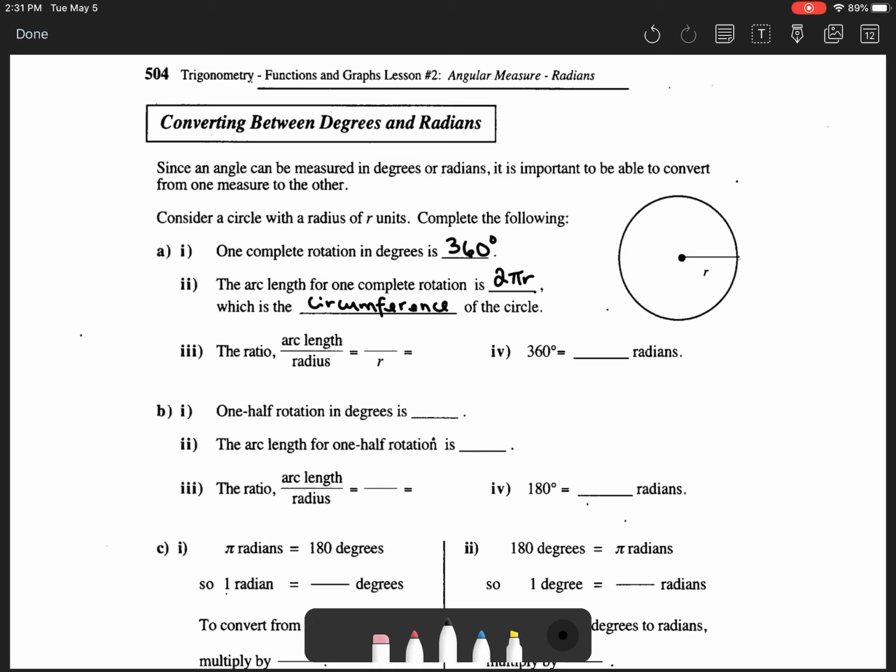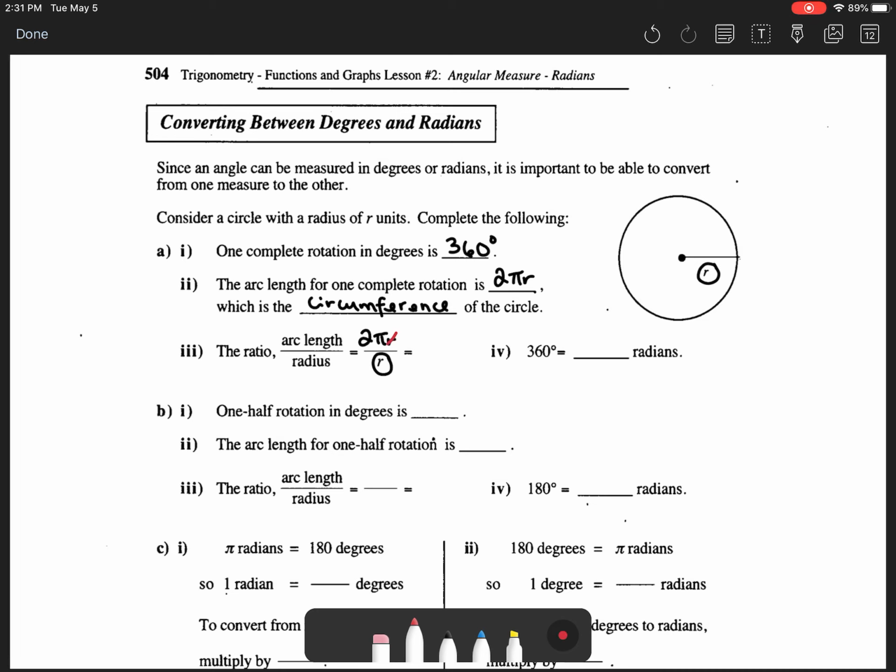So therefore, if I want to calculate the angle in radians of going around the circle one full time, I use that ratio, arc length over radius. Well, the radius is r. We know that. They've labeled it here. The arc length going around the whole circle is 2 pi r. That's the arc length, the whole way around the circle.